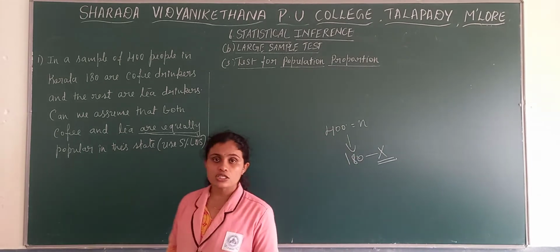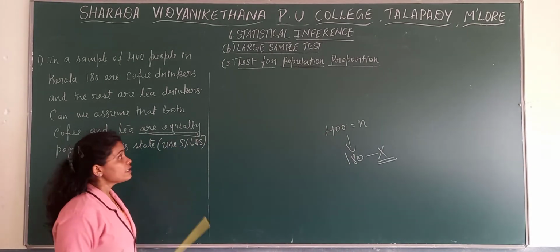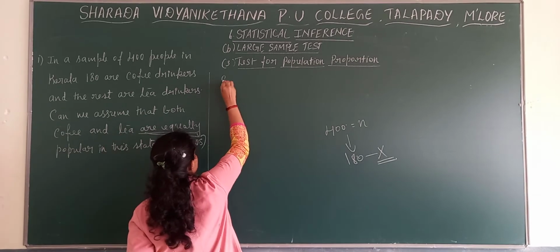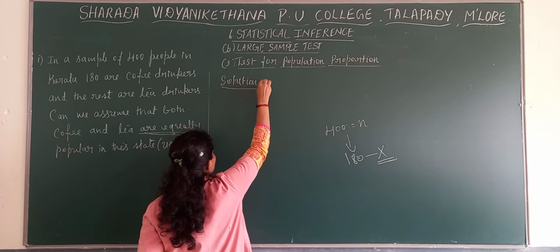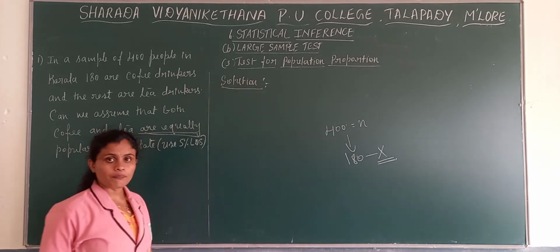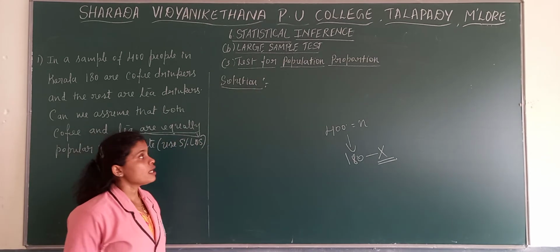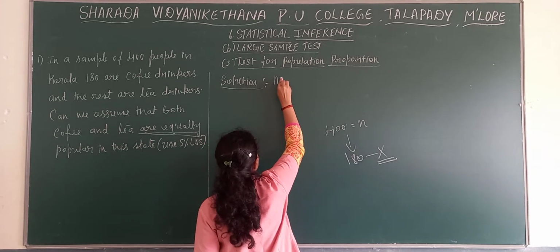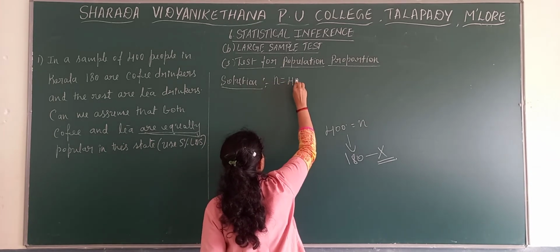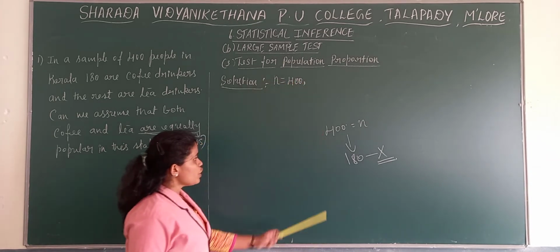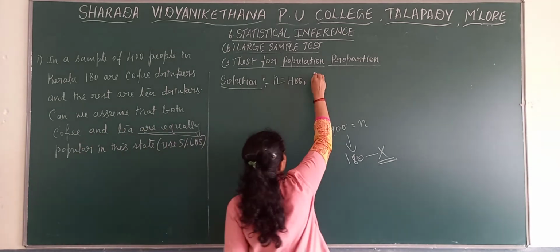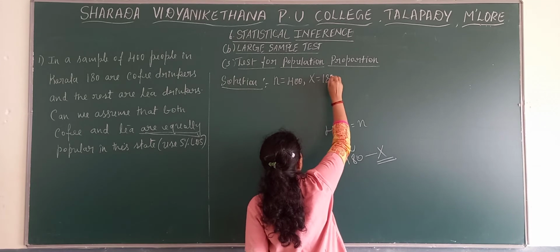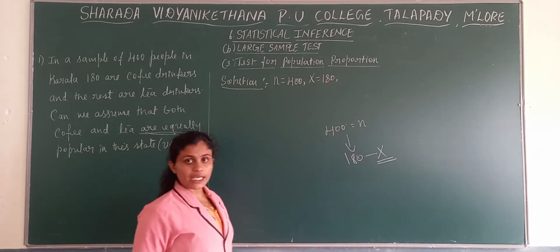When we understand that it is a two-tailed test, based on that we set the null and alternative hypotheses. But before that, write the given values. Now n is equal to 400, and x is equal to 180.